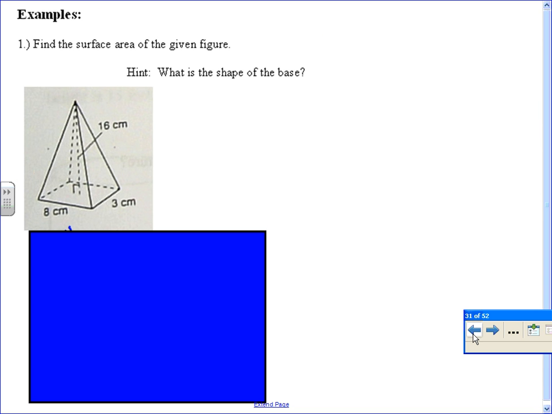Okay, let's do this one. What is the surface area? I'll shut this off so you can see better. Last problem, whenever you get it checked, you can put your stuff away. Yeah, your whiteboard.